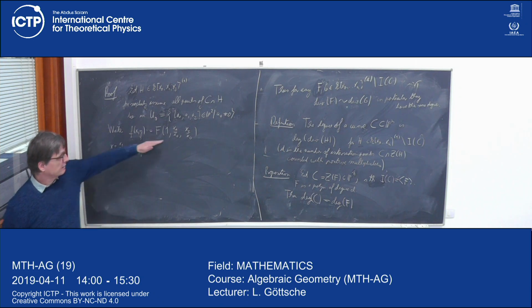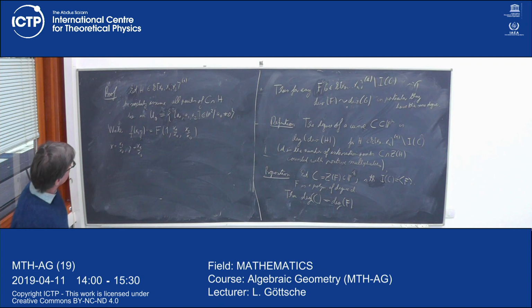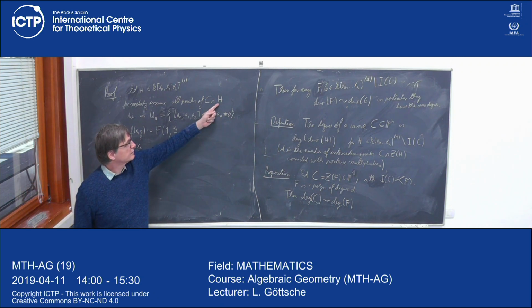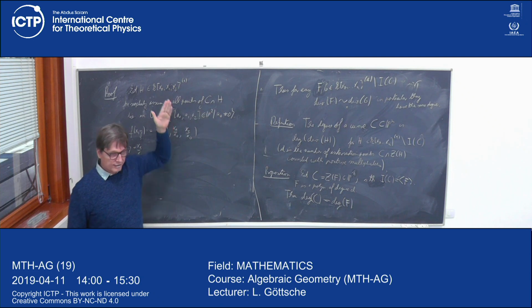Okay, so we just write it in this form, in this chart, and by a further linear transformation we can assume that this polynomial h is just the polynomial y.